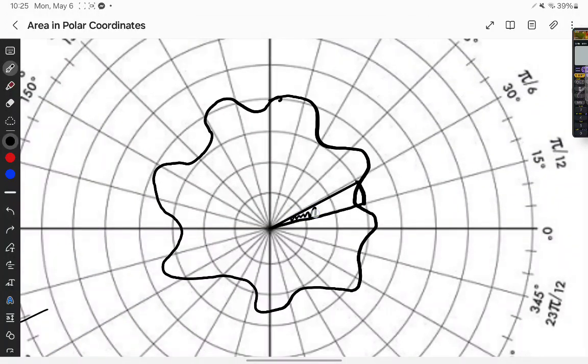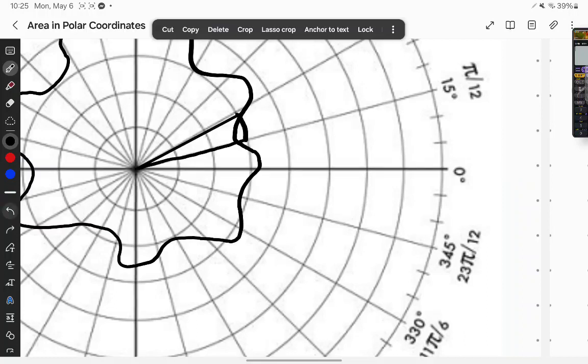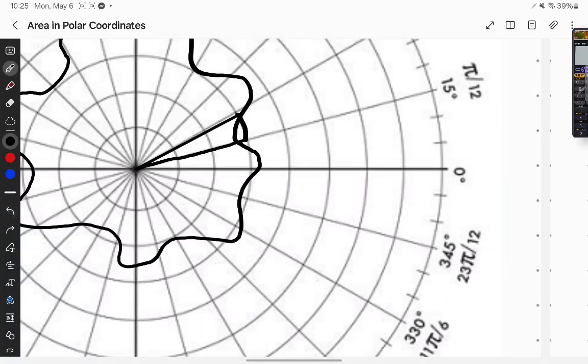Let's say this is our sector. It's only an approximation because we have a leftover area over here.